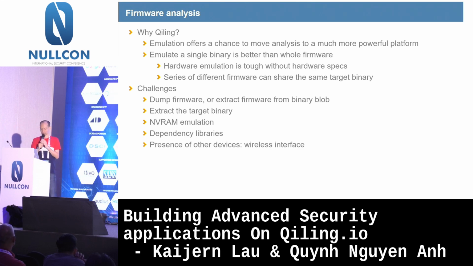The second reason is that usually with firmware analysis, you do not really want to analyze a full firmware, but only one small binary in it. Qiling is useful because you can take that binary out from the firmware and emulate it inside Qiling. Yeah, there are many challenges if you want to do that, but anyway, that's the idea.